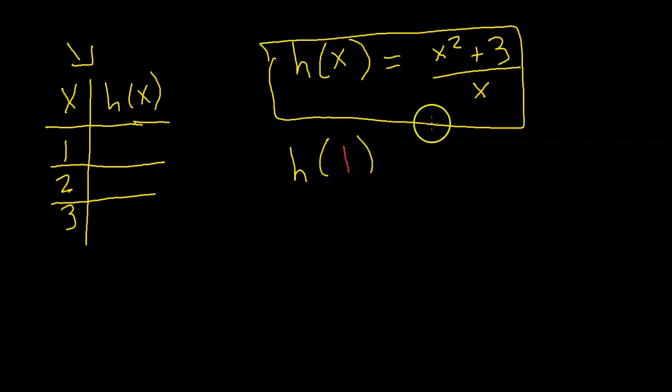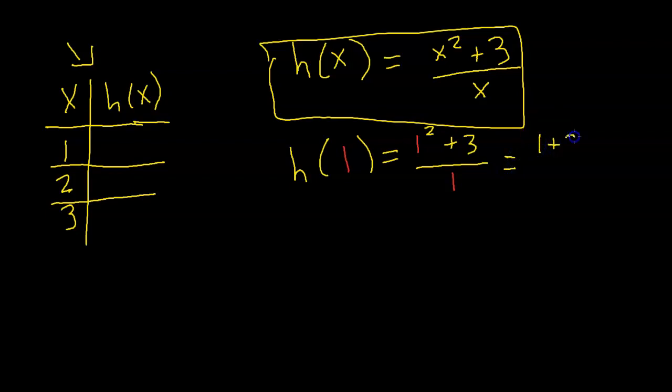Okay, let's try to evaluate h of 1. That's going to be equal to, well, if the numerator of this function is x squared plus 3, that means we're replacing x with 1, so this becomes 1 squared plus 3. And if the formula says divided by x, that means we're dividing that numerator by 1. Okay, 1 squared is 1 times 1, that's just 1.